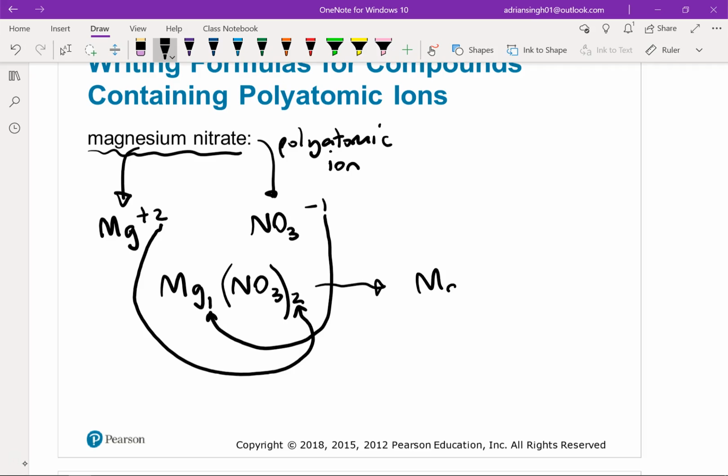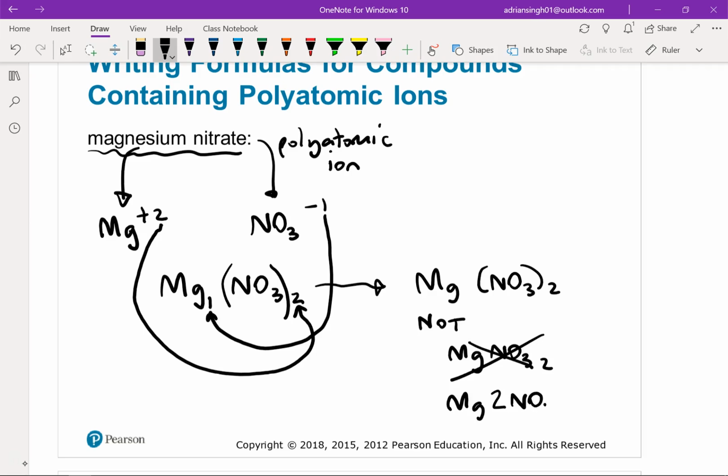So we end up with Mg(NO3)2, not MgNO32, there's no such thing. And similarly, not Mg2NO3. There's no such thing. That's completely wrong.